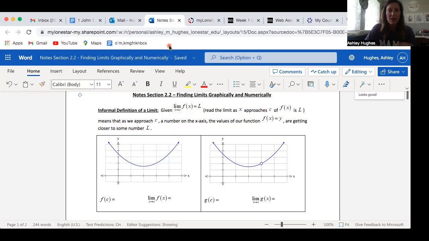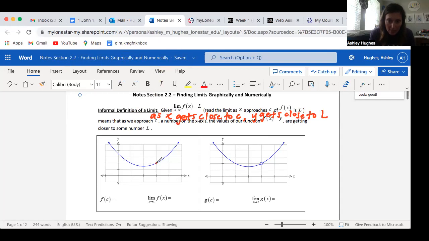In layman's terms, what that means is as x gets close to c, y gets close to L. Again, it does not have to be equal.